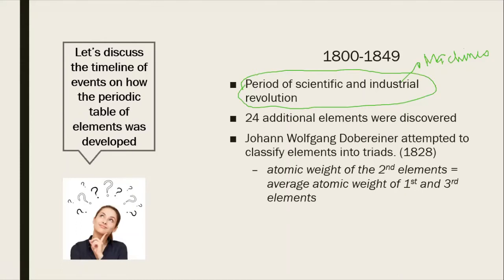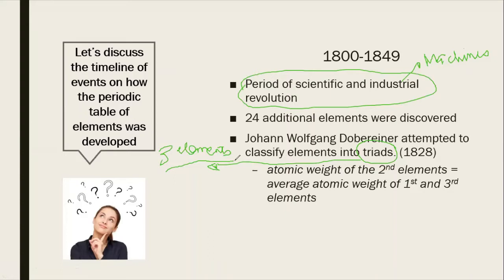Okay, so ano ba ang naging contribution niya when it comes to the periodic table? So he was able to classify the elements as triads. So, ano bang ibig sabihin pag sinabi mong triads? Pag sinabi mo kasing triads, we're talking about three elements. Kaya nga triads, so we're talking about three. But pag sinabi nating triads, they're actually talking about three elements with almost the same properties.